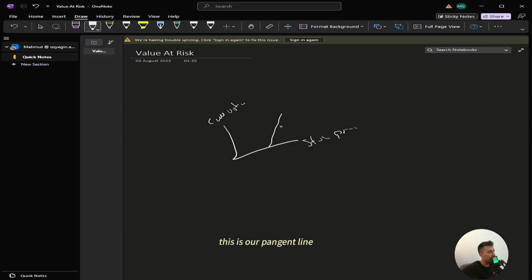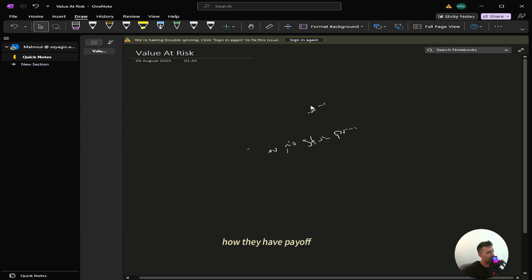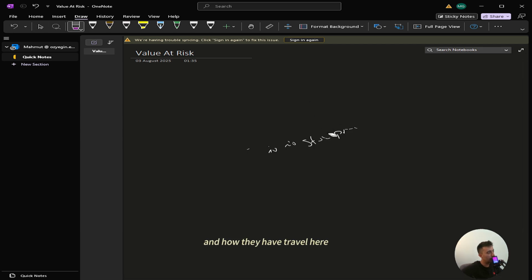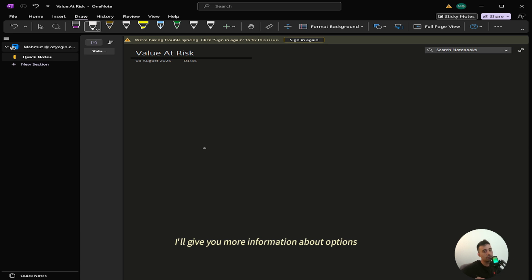This is our tangent line, and this is our payoff. I won't give you more information about call options and how they have a payoff and a curve here, because we need to focus on value at risk. In the next video, next chapter, I'll give you more information about options and how they have different payoffs.